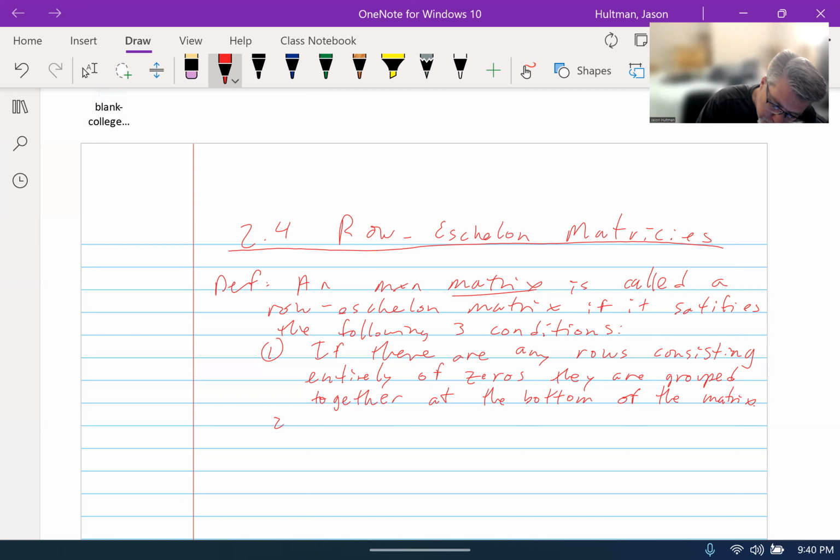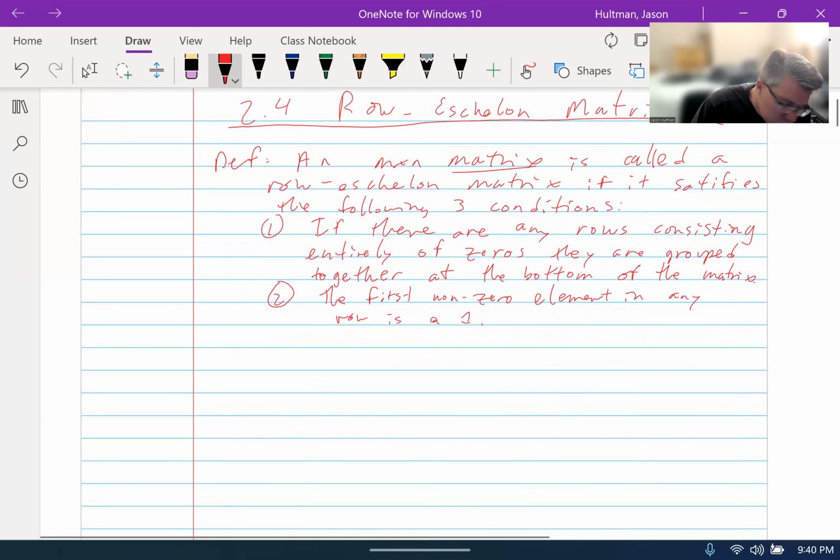Okay, number two, the first non-zero element in any row is a one. Okay, third rule, third part of the definition.